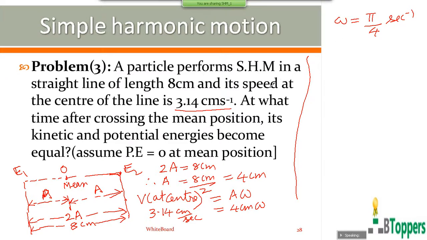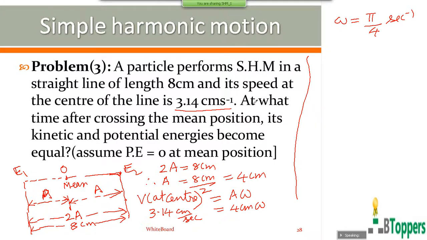So you're asked to find at what time after crossing the mean position its kinetic and potential energies become equal. So that means the particle is initially at the mean position, where the potential energy is 0.